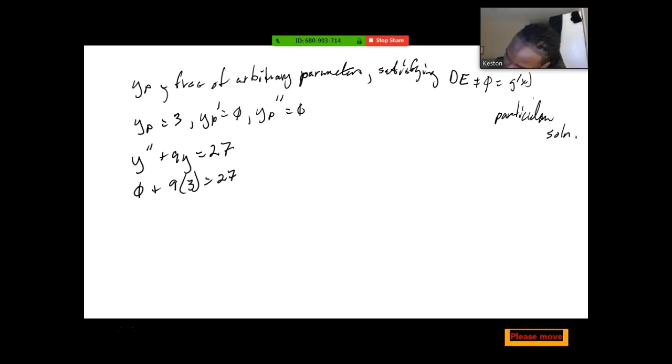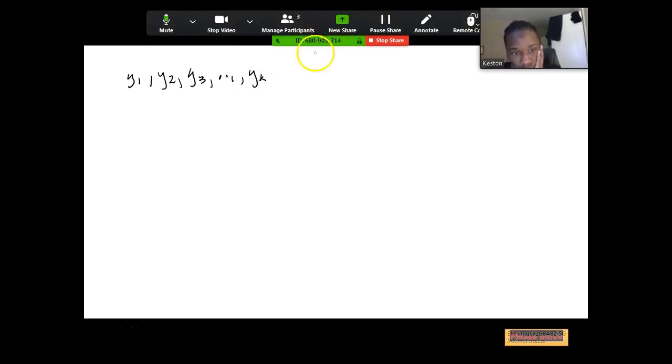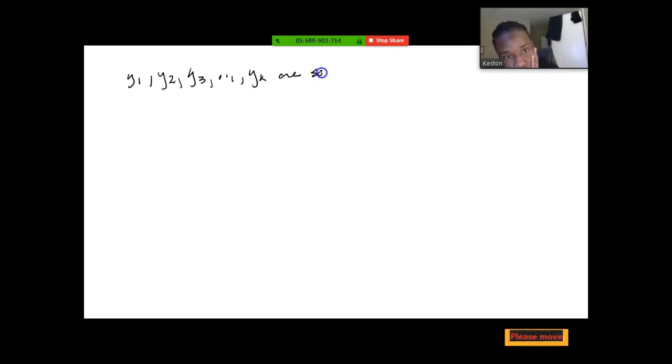Now, let's extend this to be a little more general and, frankly, a little more complicated as well, unfortunately. Okay? What if you have y1, y2, y3, up to y sub k, and these are solutions of your homogeneous case. I'm just going to abbreviate it that way.